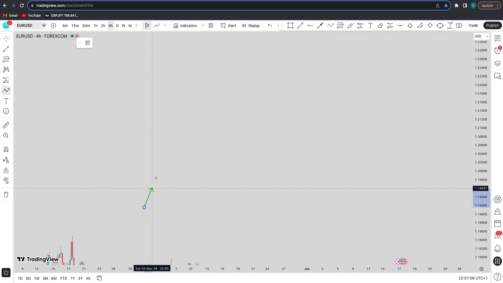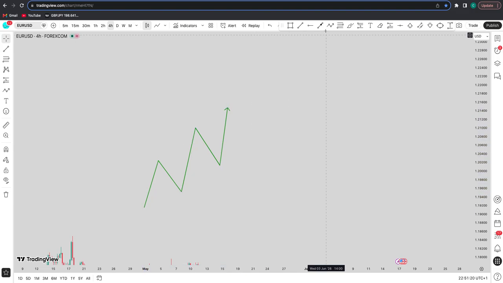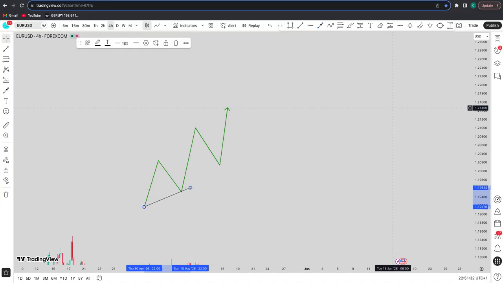If this is price going up, down, up, down, up. How do you draw your trend line in a situation like this? You just start your trend line from the peak of the first low, connect it to the second low, and then just extend it into the future.